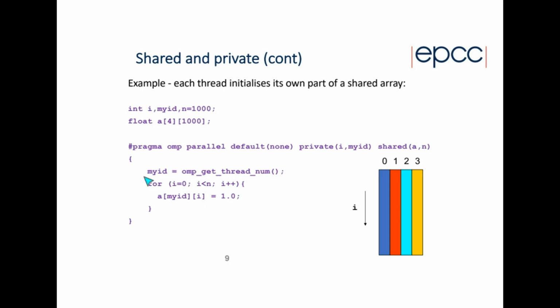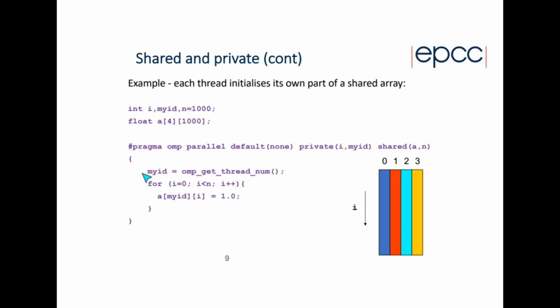Okay, so let's think about all the variables which are referenced inside here. So we've got myID. There aren't really hard and fast rules that you can decide whether things should be shared or private. It depends on the code and how they're being used.